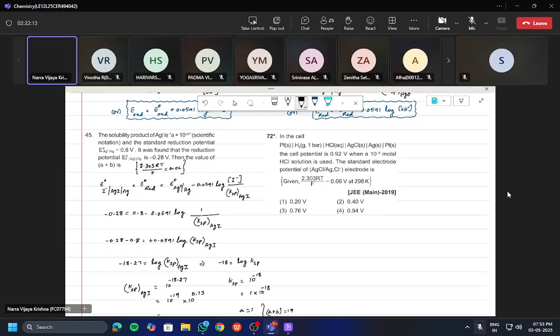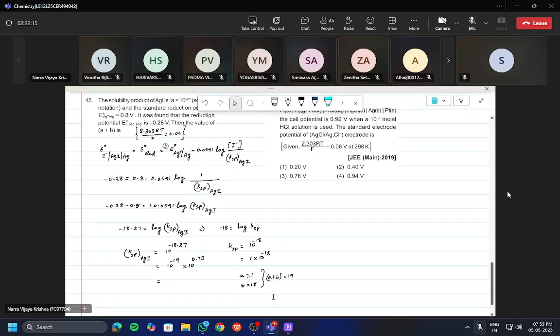If they mention this, then what will I do? I will write it as 0.06. If I write this as 0.06, then I get this value as perfectly 18.